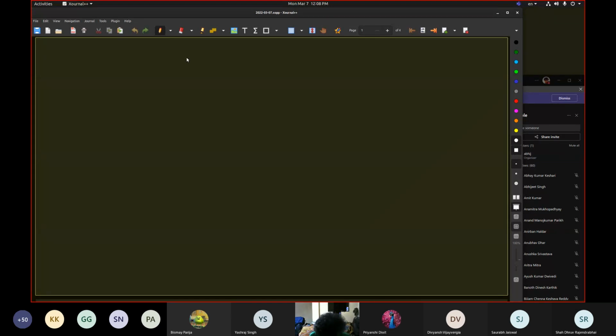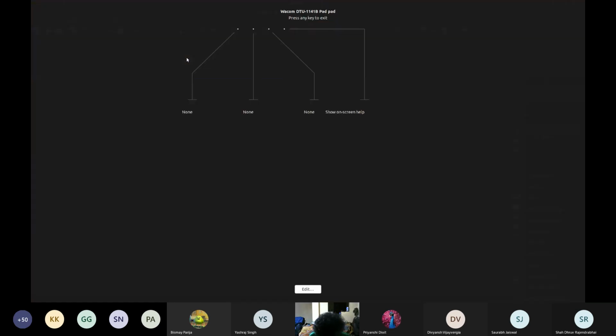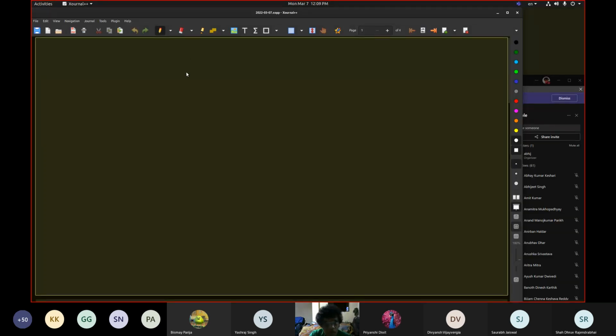Okay, so given a context-free grammar, we have seen how we can generate a PDA with a single state that accepts by empty stack. And I want to reverse the construction.